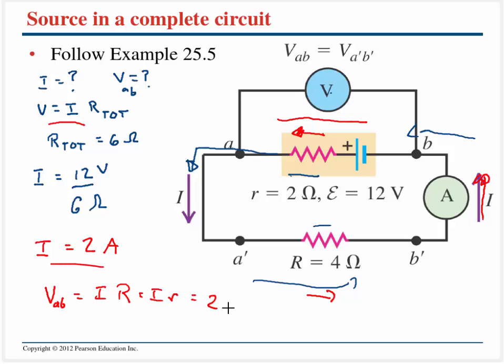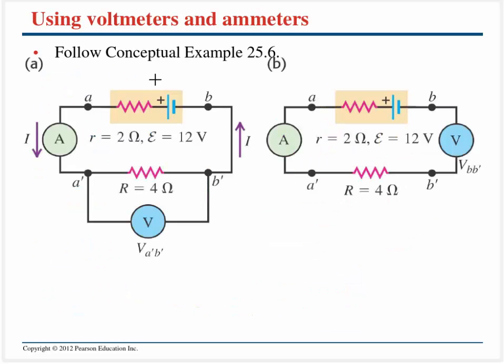So it's going to be the 2 amps multiplied by 2 ohms, and what we're left with is 8 volts. So kind of what's happening right here is this little resistor right here is eating up 4 of the volts from the EMF of the battery.